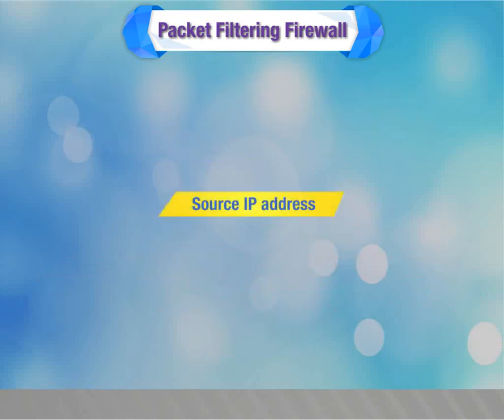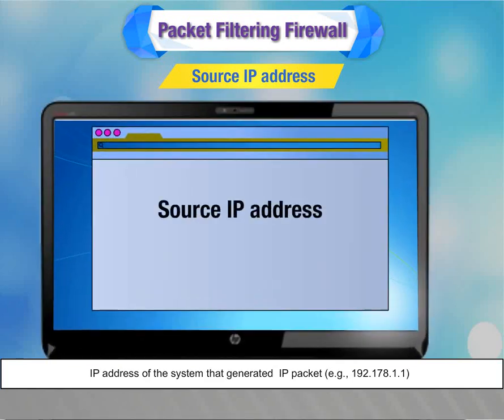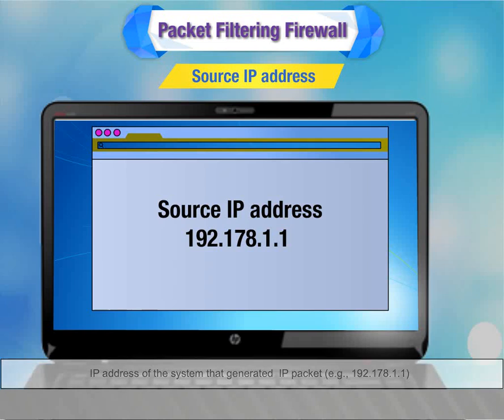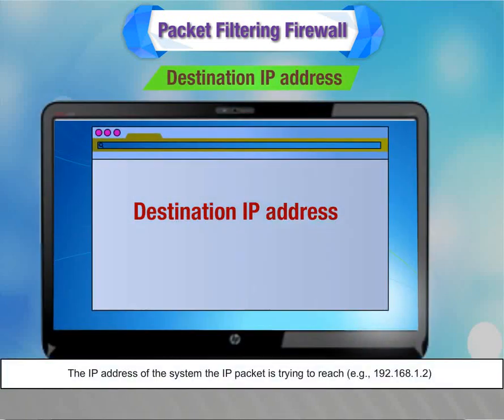Source IP address, the IP address of the system that generated the IP packet, for example 192.178.1.1. Destination IP address, the IP address of the system the IP packet is trying to reach, for example 192.168.1.2.